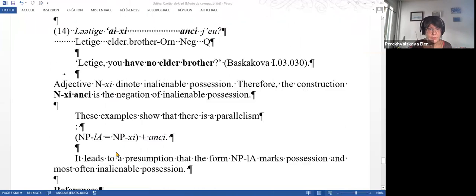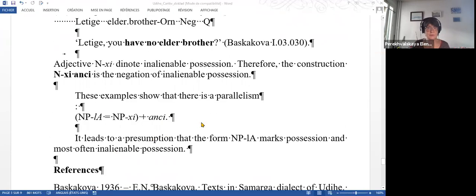So we see a certain parallelism. Form anchi can be used, and usually it is used with the marker la, but there are cases, very few, but there are, when it is used with the marker he.